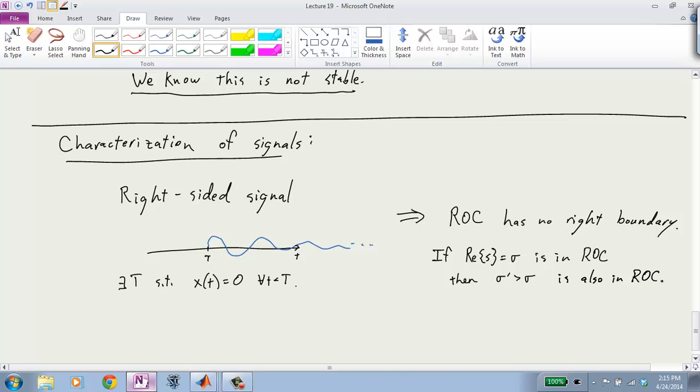So we're just saying if it converges for some points, it could converge nowhere, but if it converges somewhere, then it's also going to converge for every greater value of sigma.